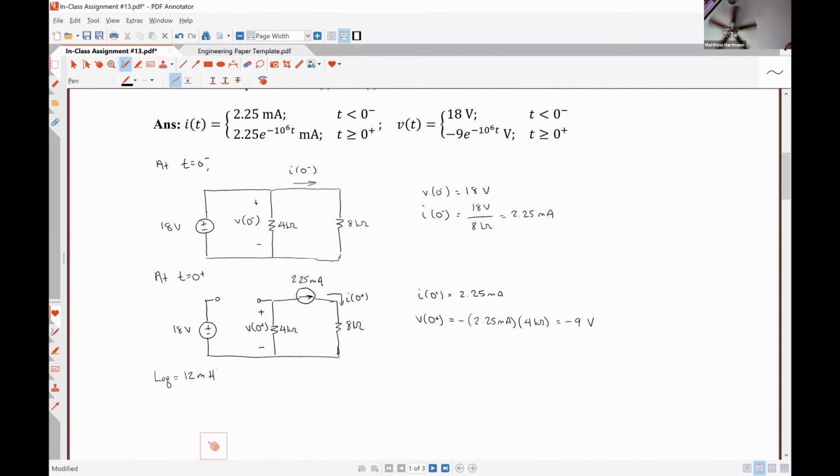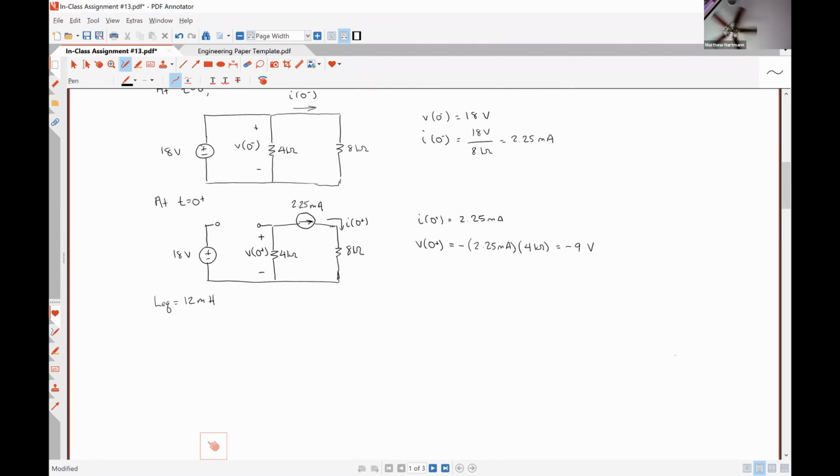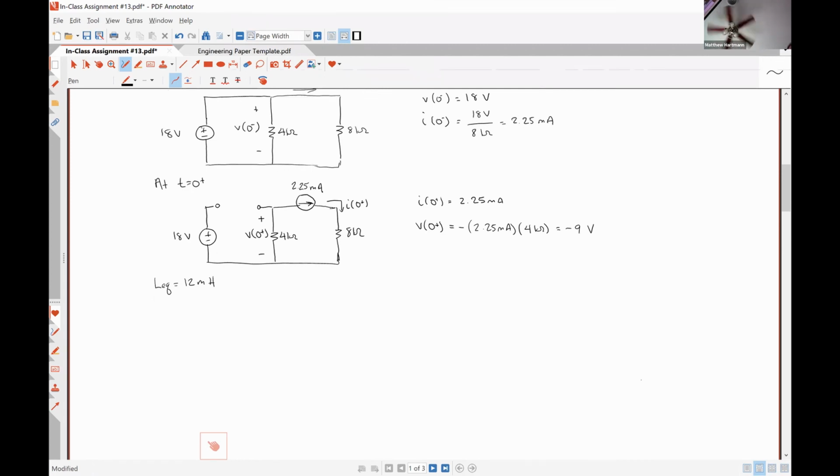To find the equivalent resistance, it's effectively the Thevenin resistance as seen looking into the terminals of the energy storage element. Another caveat here is that it's during the transient condition, which in this case means when the switch is opened.